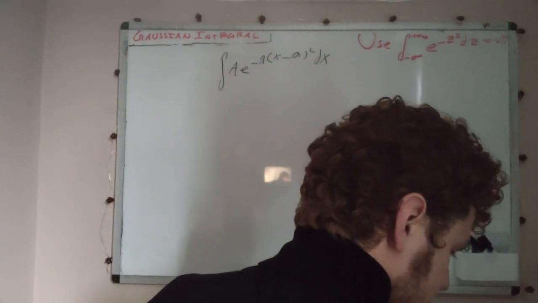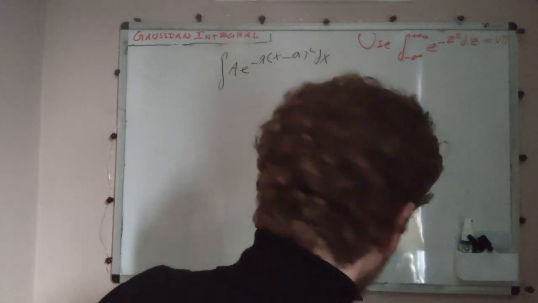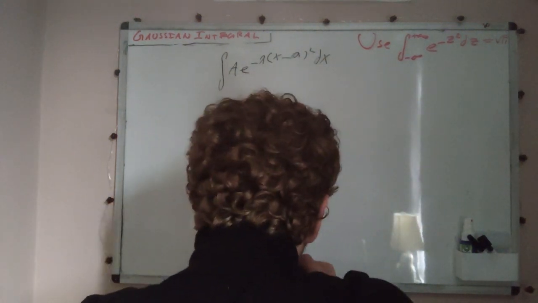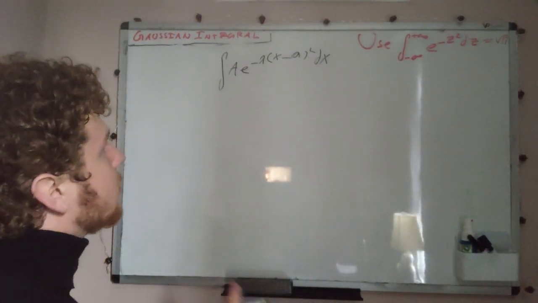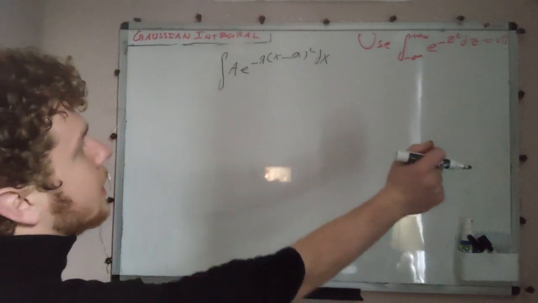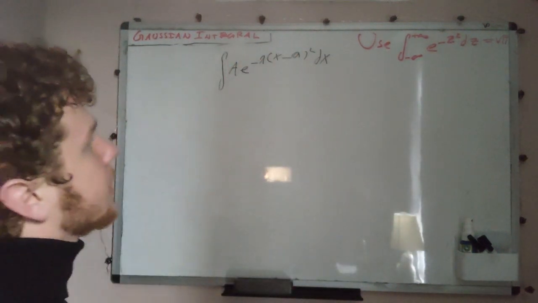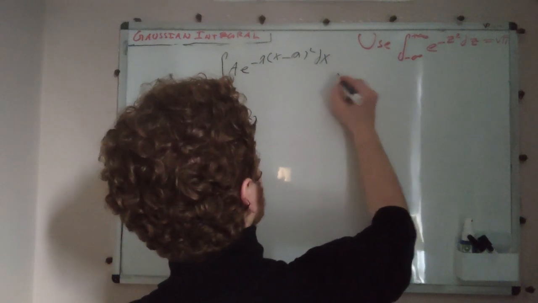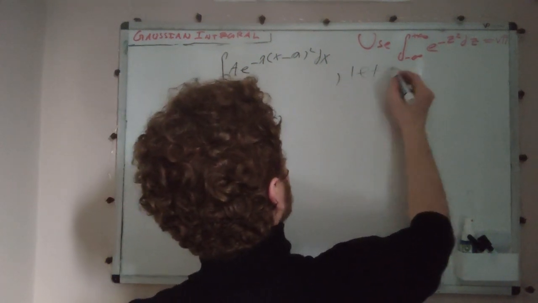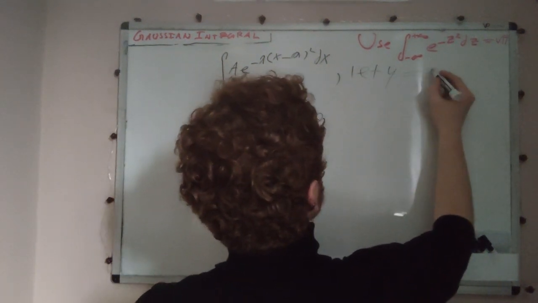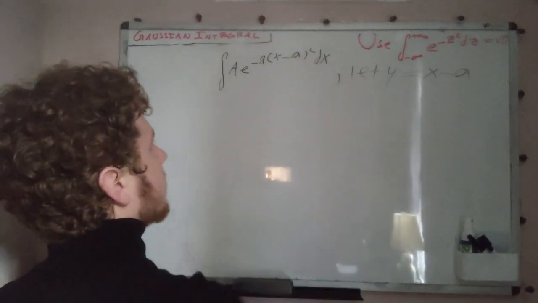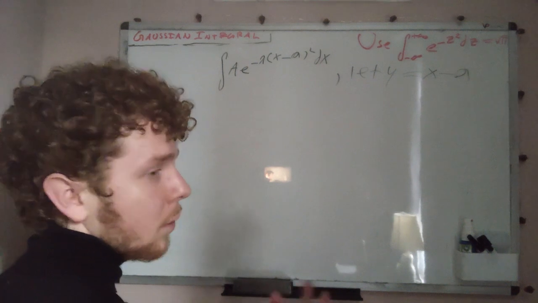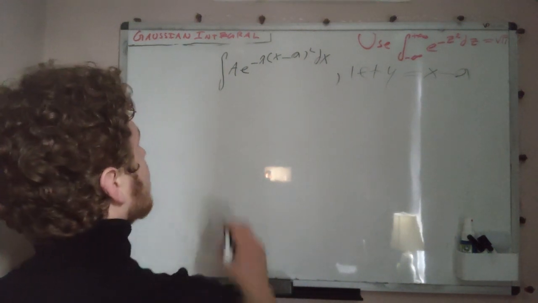But first, let's make a substitution for x minus a. So we're going to let y equal x minus a. And you'll find that the derivative of both sides, solve for dx, dy is just the same as dx.